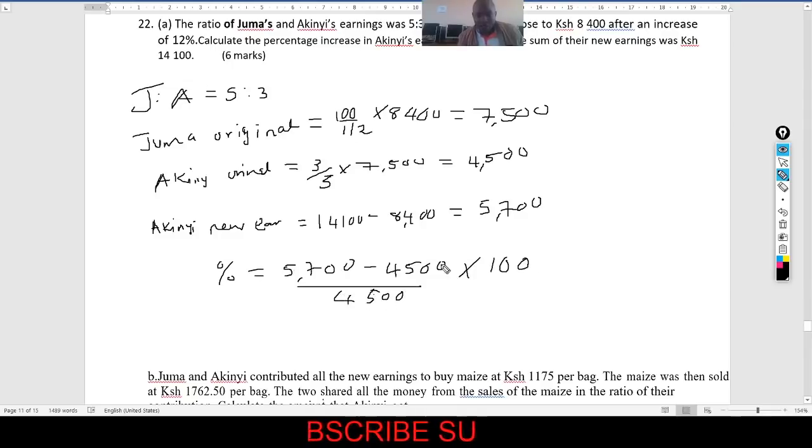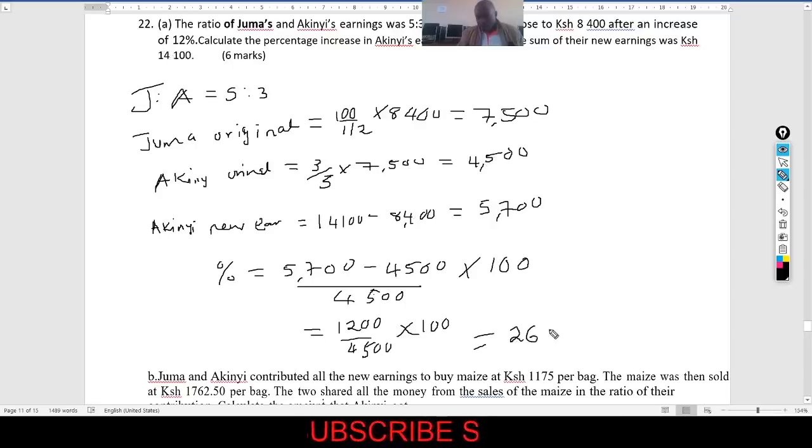If you subtract, you get 1,200 divided by 4,500, then times 100. This gives you 26.6666, recurring. When it recurs, make sure you write it in fraction form, which is 26 and 2/3%. So that is how you are supposed to tackle that question.